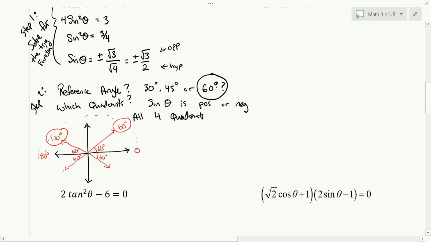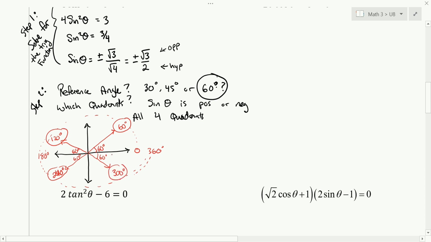And what's the one in the 3rd quadrant? I go 60 past 180, and you're at 220. No, 240, right? Because you're adding 60 to 180. And how about the one in quadrant 4? 300, because if you go a full circle, you're at 360, but then you go back 60 and you're at 300.